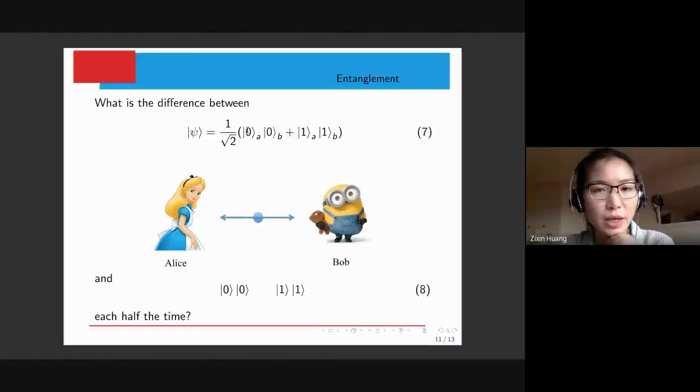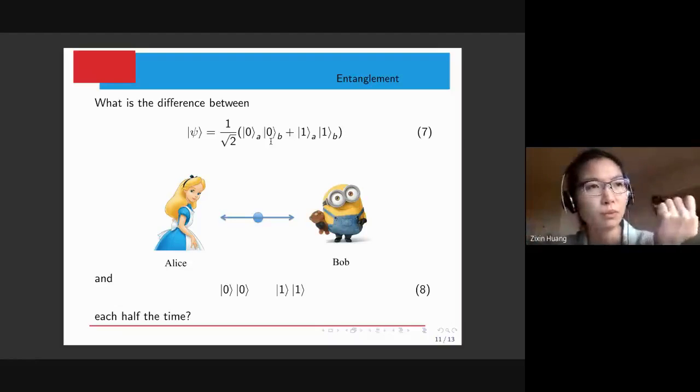Here we're saying that if Alice measures her state to be 0, then she immediately knows that Bob has a 0. We say that the measurement results of Alice and Bob are correlated.